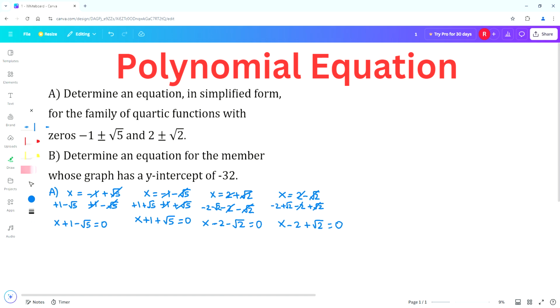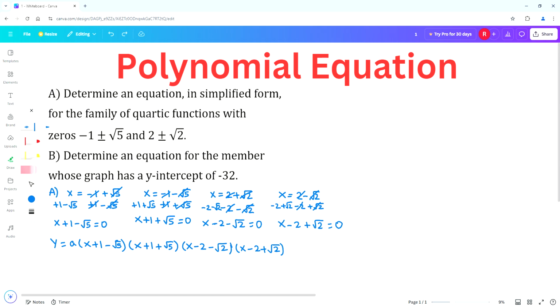Let's assume the leading coefficient for the quartic function is a. This is the equation for the family of quartic functions in factored form.